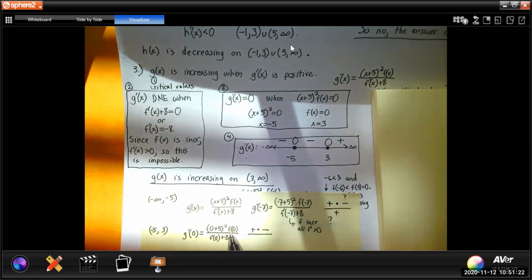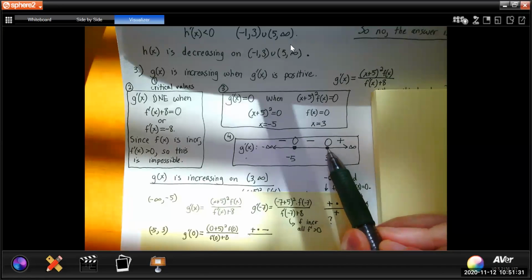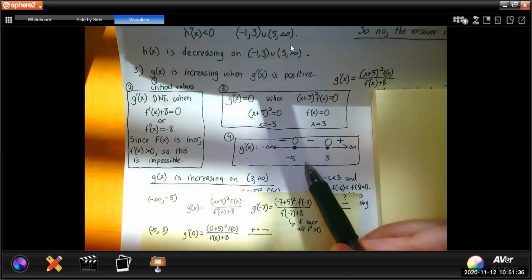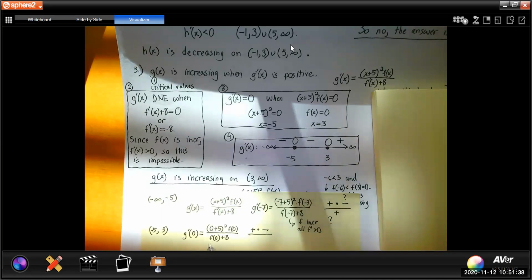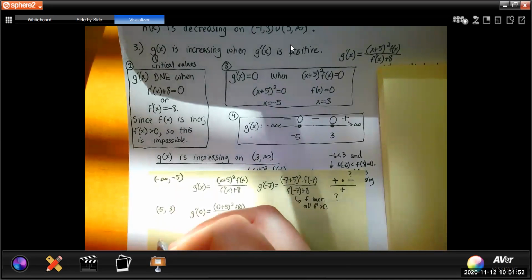The first reason is f is increasing, and the second reason is f of 3 is 0. So if you're at 0 on the number line and you need to get to 3 on the number line, we know that f is below or negative. Same reasoning, f prime of 0 has to be positive. Why is f prime of 0 positive? Because f is increasing. So once again, I have a positive number times a negative number divided by a positive number, or putting that together, it's a negative number.